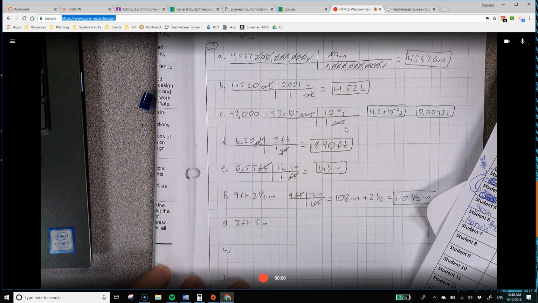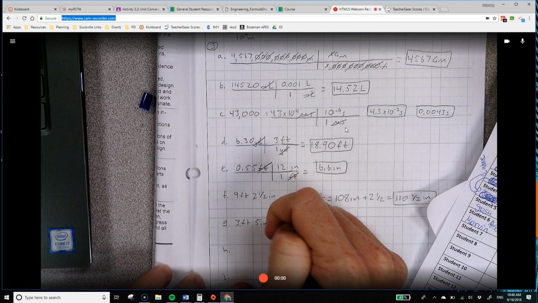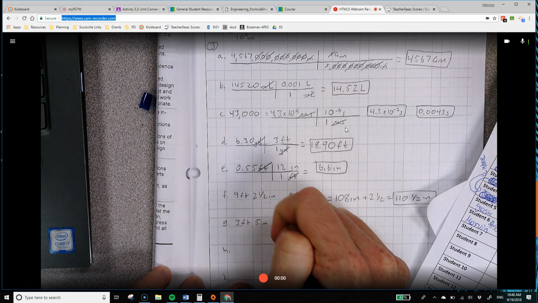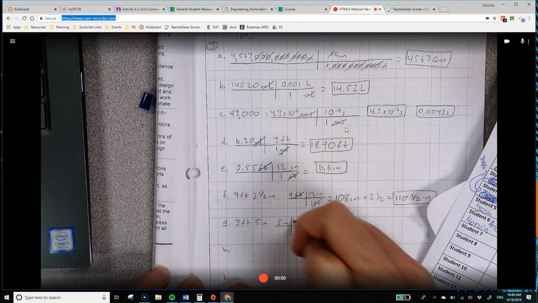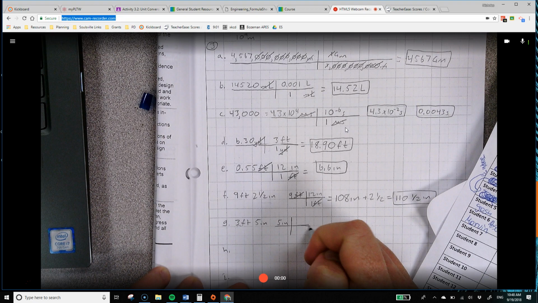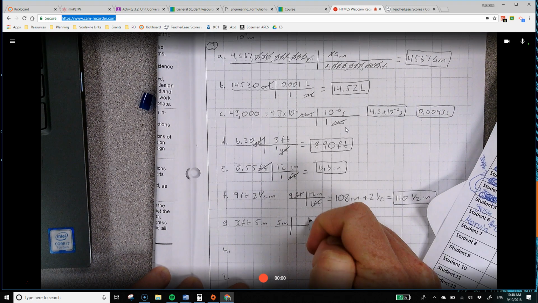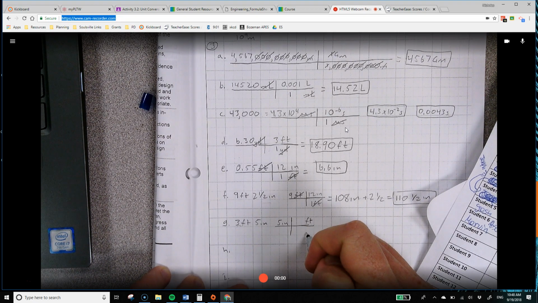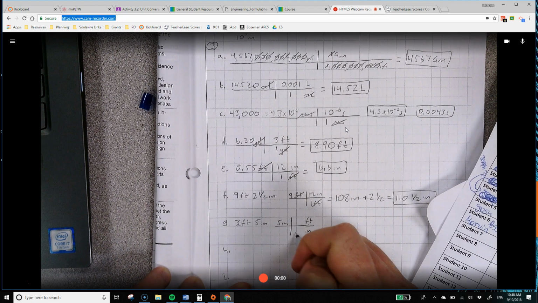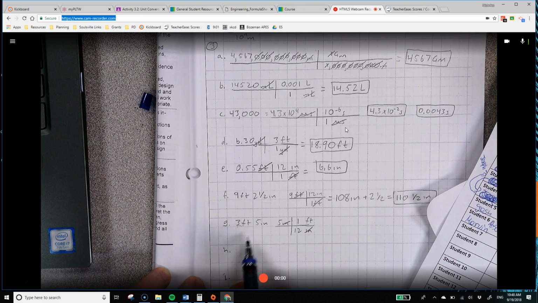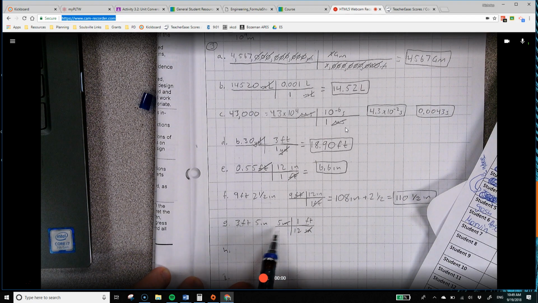The 5 inches. So I'll say 5 inches. Do I want feet on the top or the bottom? Top. What goes in the bottom? Inches. How many inches in a foot? 12 inches, 1 foot, cross out inches. Because I say 5 divided by 12 because the 12 is in the bottom.